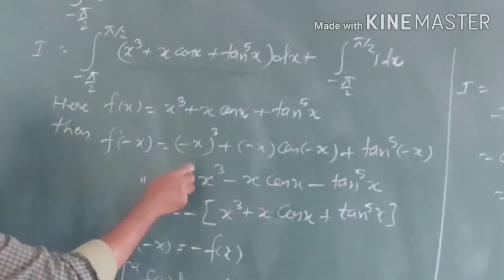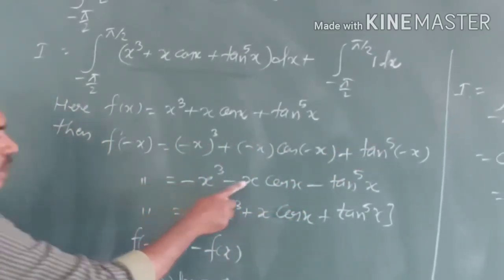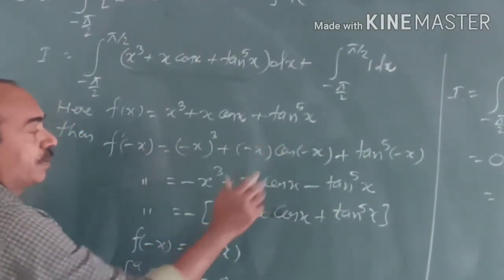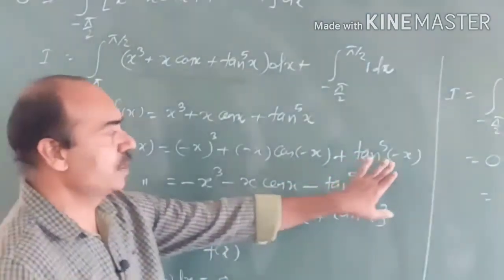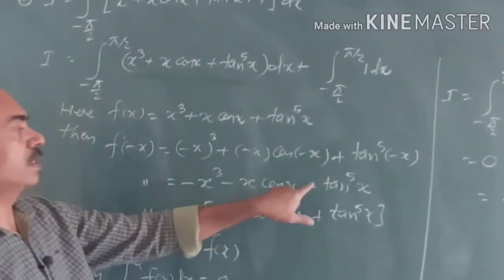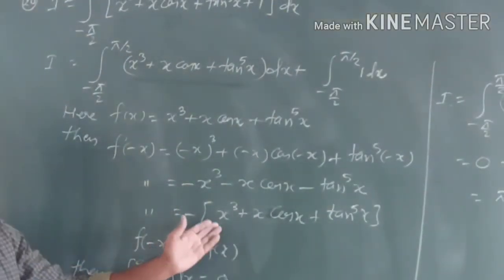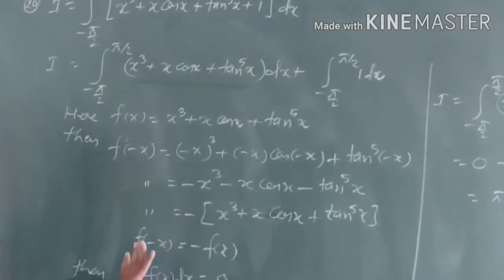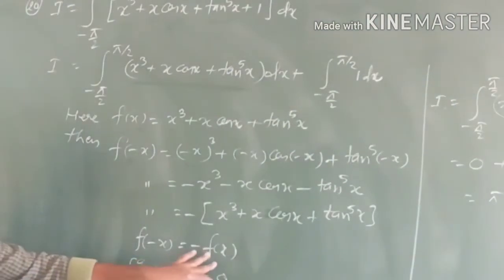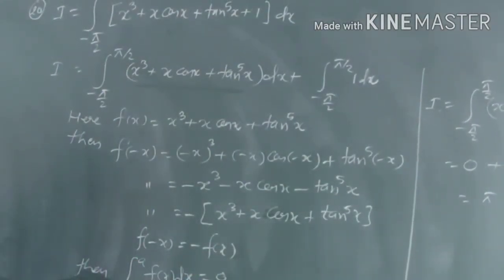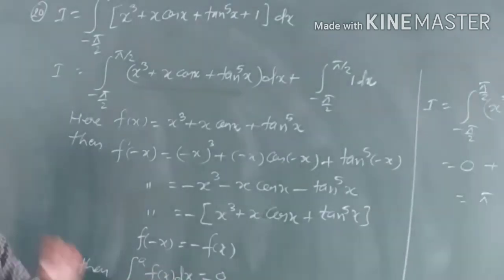Power 3, so it will be negative, minus x cubed. Once again it is minus x cos x, since cos of minus theta is positive, and tan of minus theta is also negative, and power 5 is odd. So once again you will get a minus sign. Minus sign is common out, then once again you will get f(x). So f of minus x is equal to minus f(x). So from property number 7, the integral from minus a to plus a of f(x) dx will be 0.